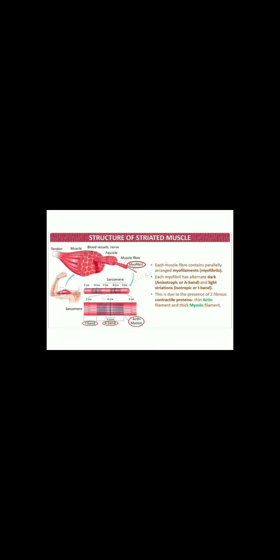This is due to the presence of two fibrous contractile proteins, thin actin filament and thick myosin filament. For understanding the structure of myosin and actin filament, you need to understand where exactly they are situated, and for that we need to recall the study which we have done earlier.